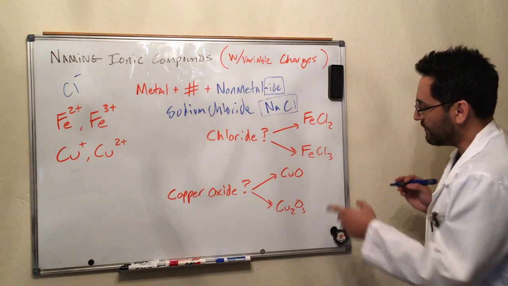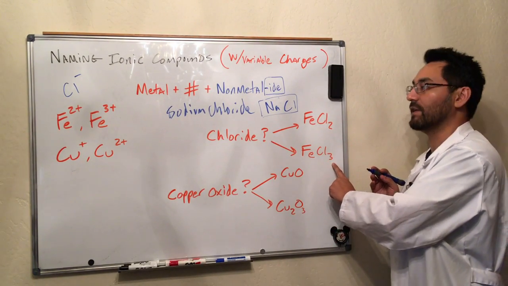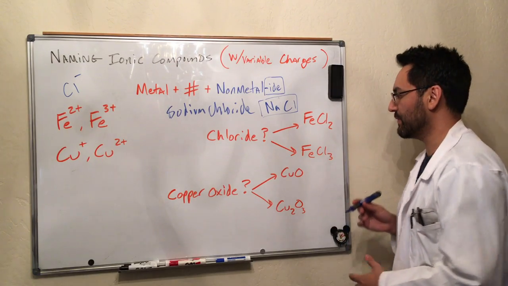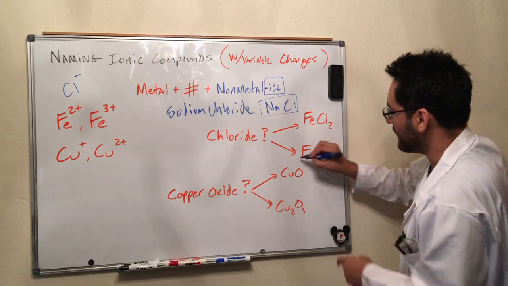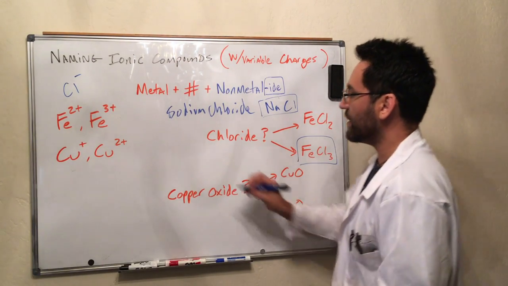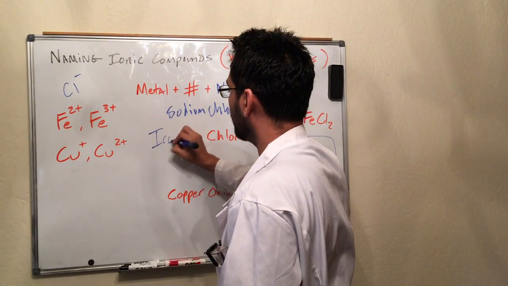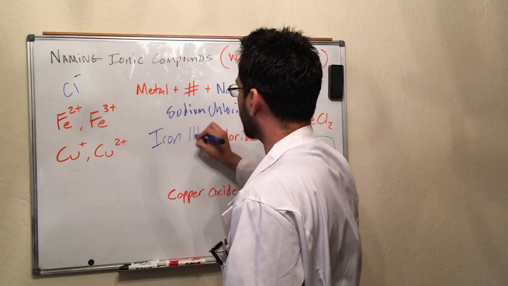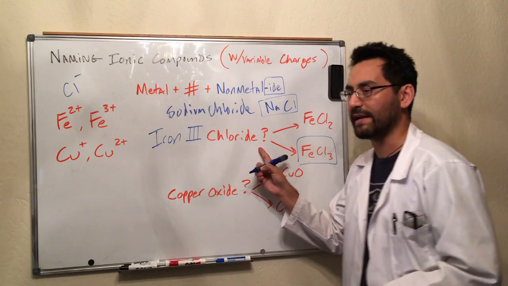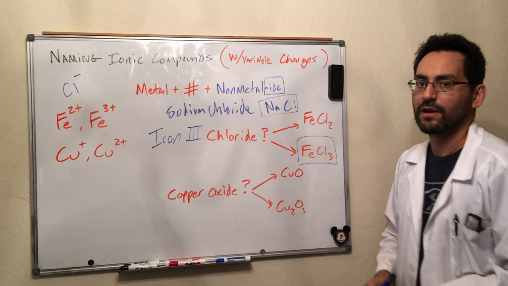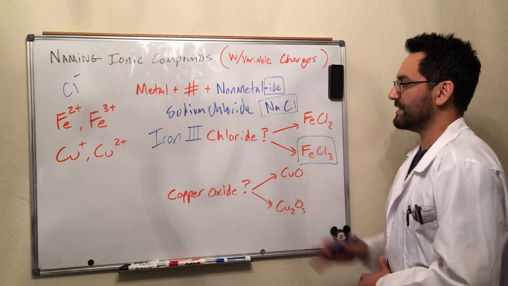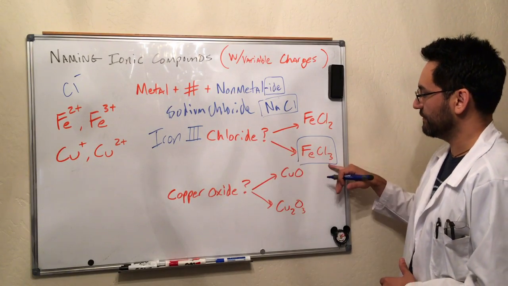And we know that because it's paired up with 3 chlorines, and chlorines all have a -1 charge. So if we were naming this one right here, we would say iron 3 chloride. And we use the Roman numeral for 3. So this is iron 3 chloride.